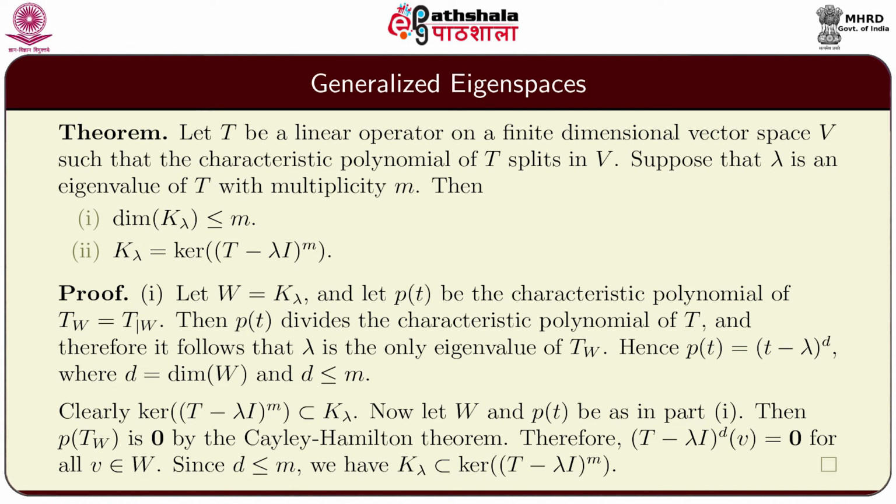This proves the theorem. We have defined Jordan blocks. We have also learned what is called a Jordan canonical form, and our aim is to find a suitable basis for the vector space V such that the operator T on V has the Jordan canonical form with respect to that basis.